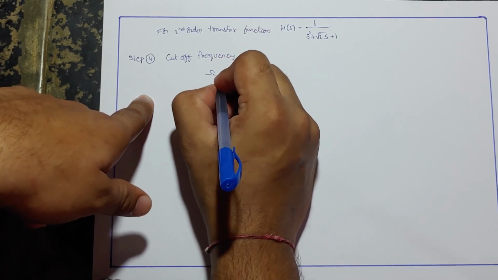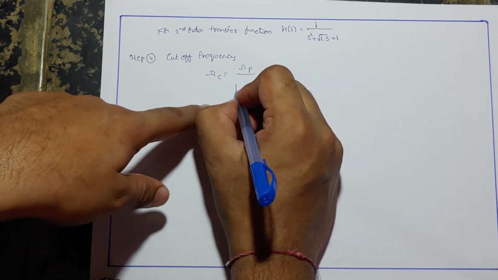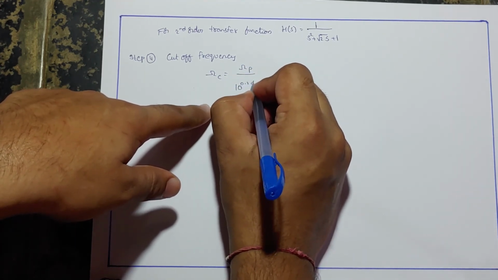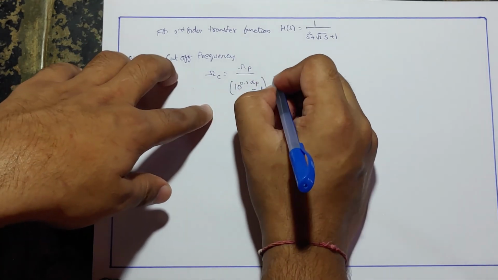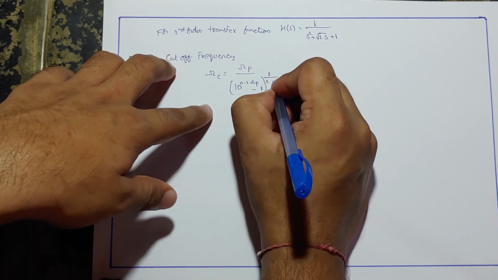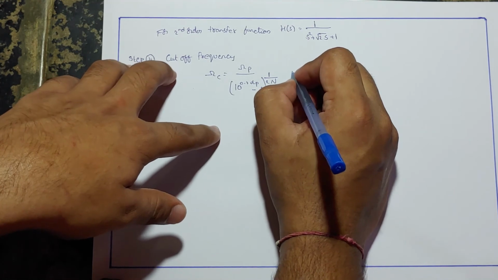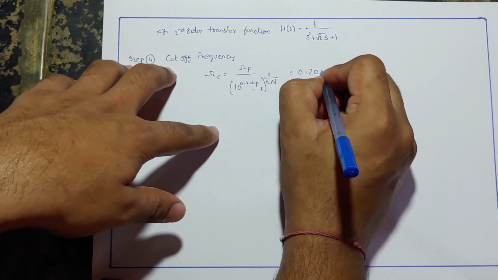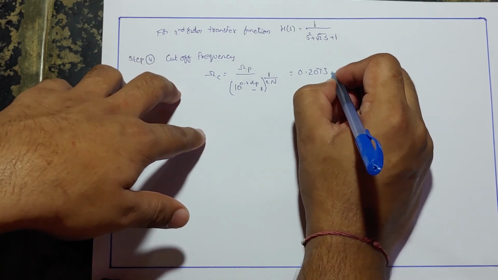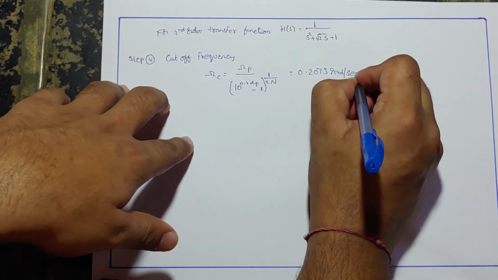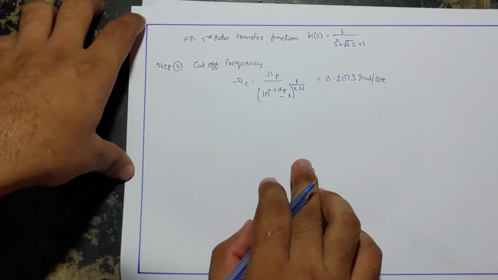That is, omega c is equal to the pass band by 10 to the power of 0.1 alpha, stop band attenuation minus 1, the whole raised to the power 1 by 2n, which is equal to 0.2073 in this case by substituting the values, in radians per second. Make sure to do the calculations and round them off.